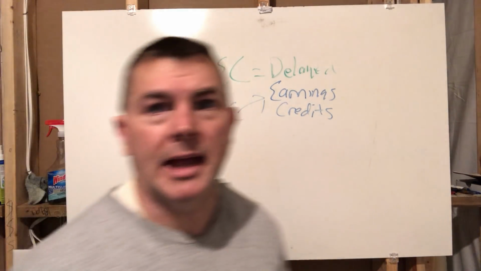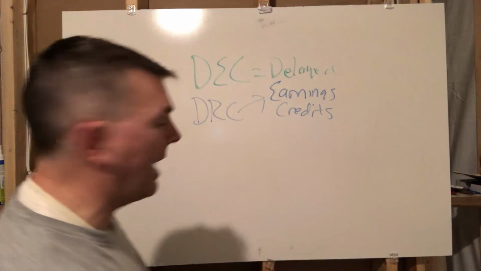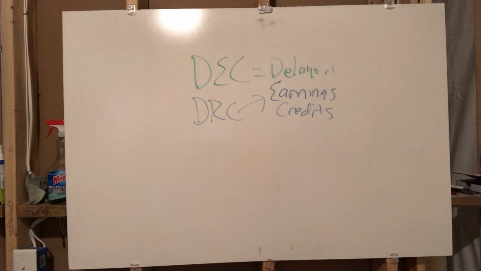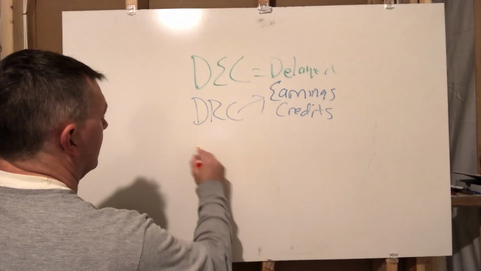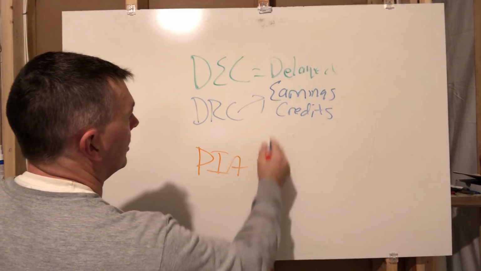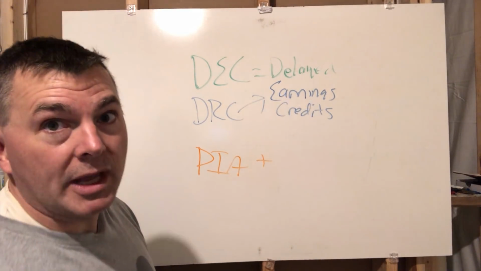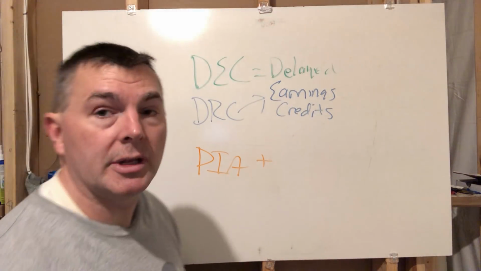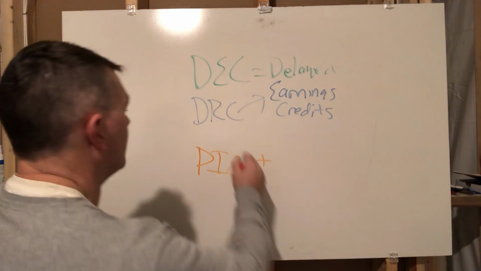Either way is the same thing, and that simply means it takes your benefit at your PIA and increases it by an amount depending on when you take it out. So your delayed earnings credits are 8% each and every year above and beyond what your PIA is.